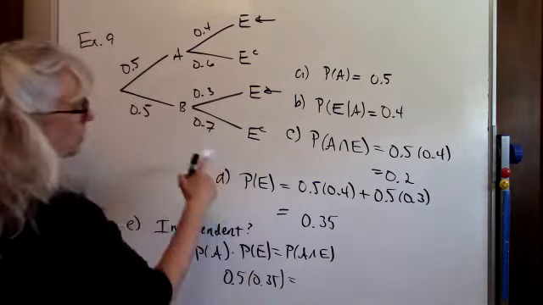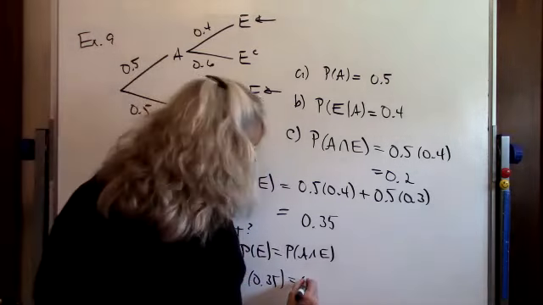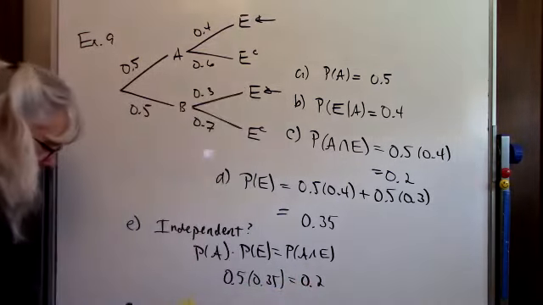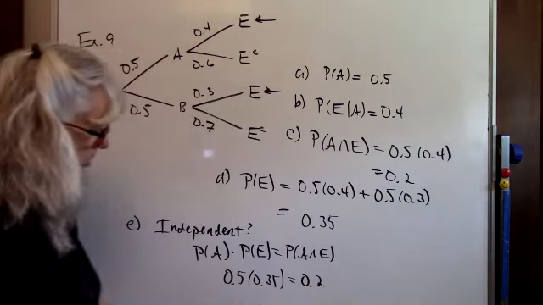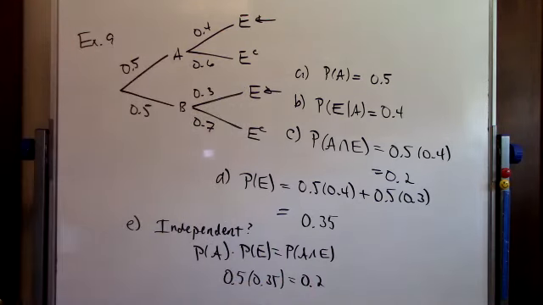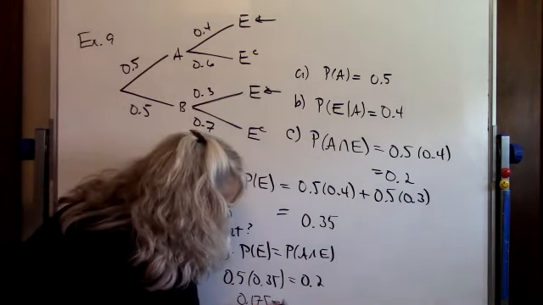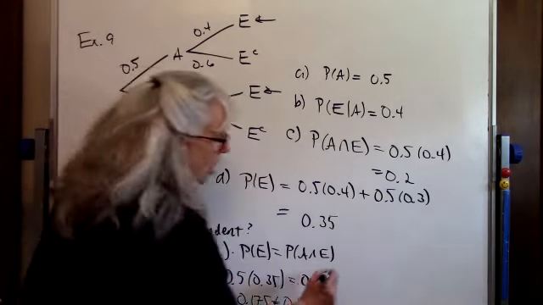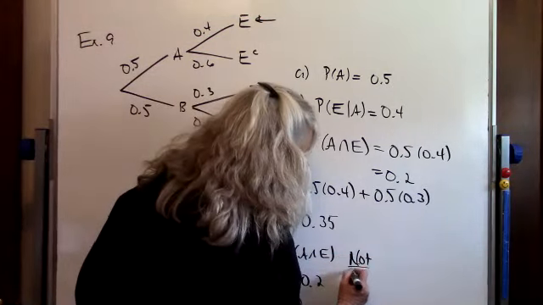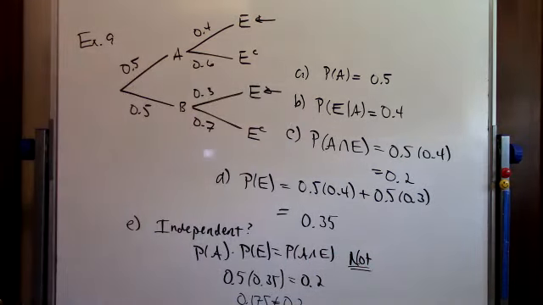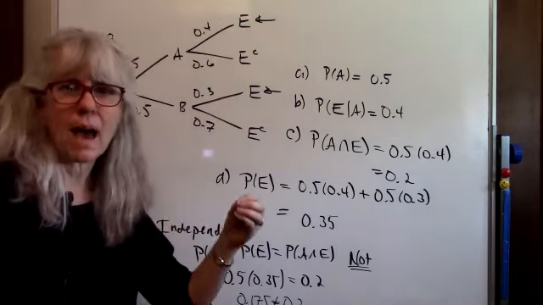And then is that equal to the probability of the intersection, which was 0.2? So 0.5 times 0.35 is not 0.2. It's 0.175. And that does not equal 0.2. So they are not independent. So in other words, A is impacting E.